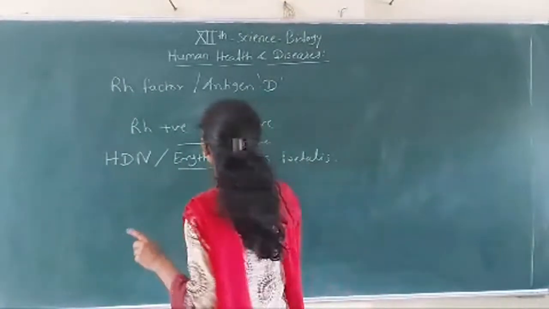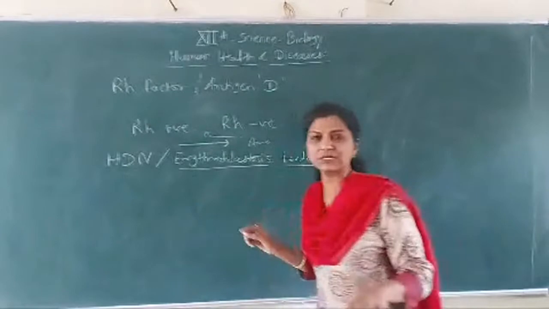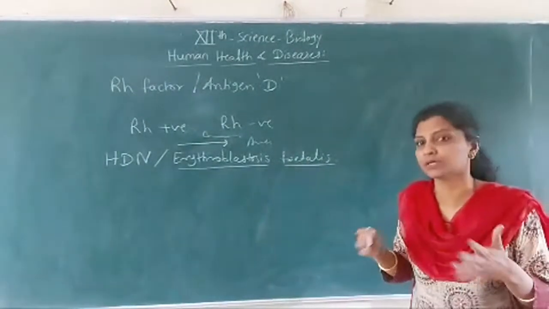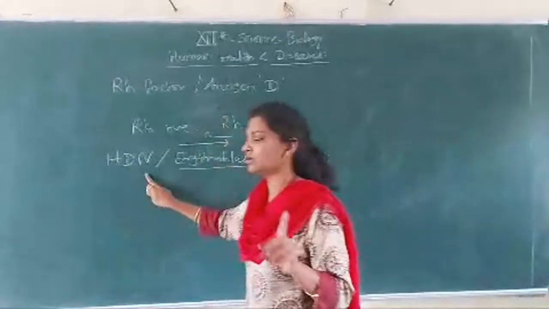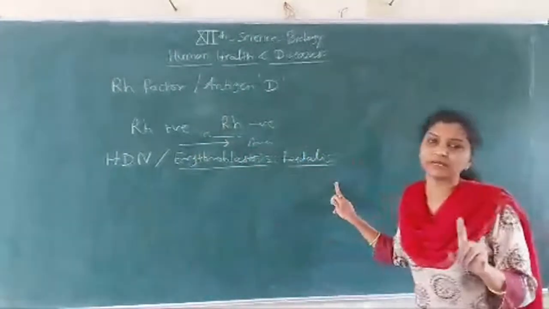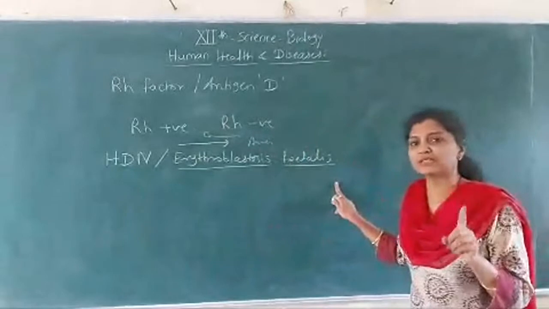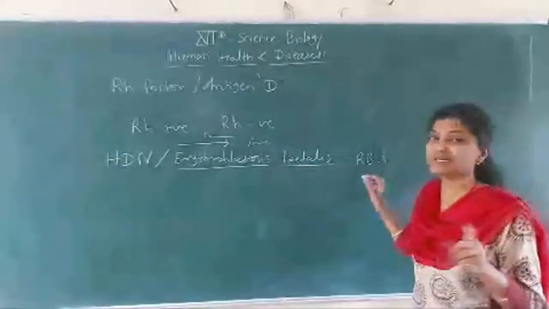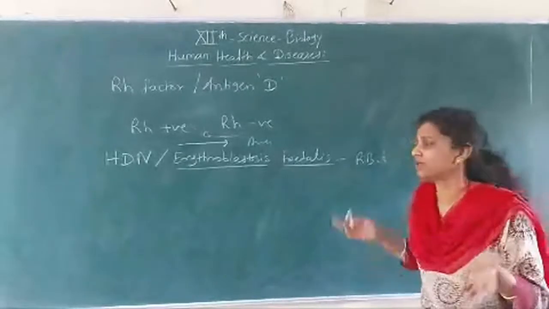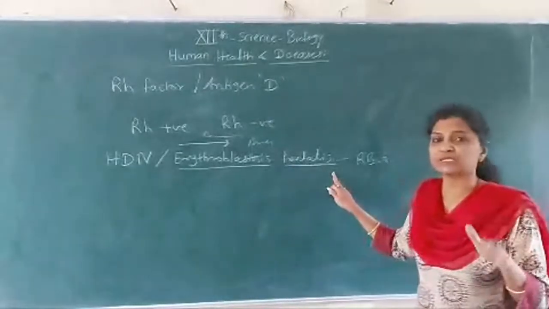So it is a condition or a disease which is seen in the fetus, that is before birth. So what is hemolytic disease of newborn or erythroblastosis fetalis? It is a condition where there is destruction of RBCs, which is seen in the fetus, that is before birth.